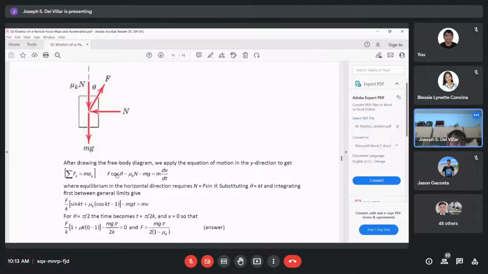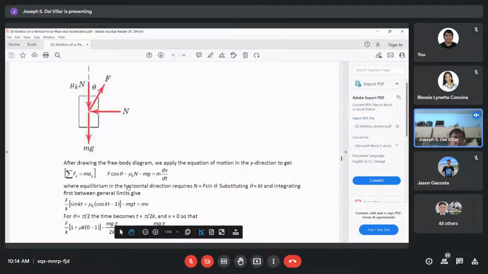Kaya meron siya rito: sine kt times k, di ba? Times k dt. And then, since wala siyang k, pero kailangan yung lagay ang k, you balance that, mag-introduce kayo ng k, then you balance by 1 over k. Kaya nagkaroon ng F over k times sine kt.